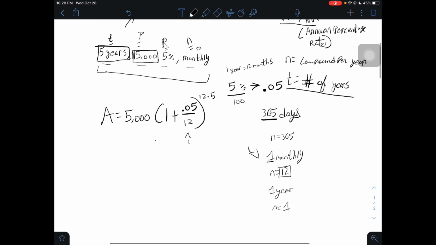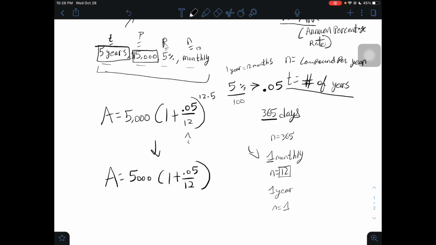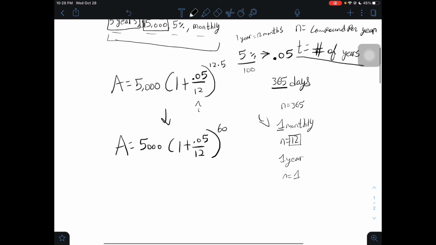Now we're going to simplify this. A equals 5,000, parentheses 1 plus 0.05 over 12, to the power of 12 times 5, which is just 60. Now we're going to solve for what A actually equals, and in this scenario we're just going to substitute into a calculator.